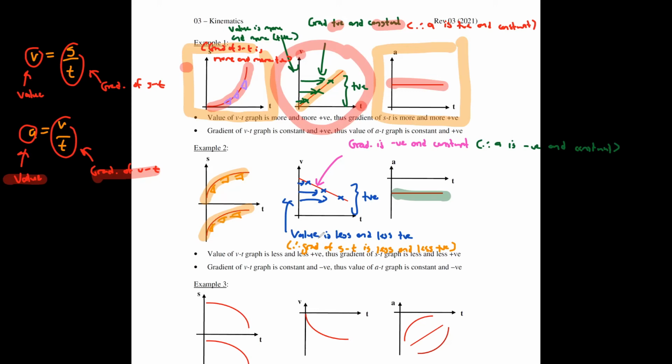Okay. Now, this will only tell you how the gradient of your ST changes, but it won't tell you whether your gradient values are going to be positive or negative. There's not enough information for you to determine that, but what you do know is that you're able to determine the variation of the gradient of your ST graph. Okay, so that's why I give you two different graphs here. It could either be this or this.